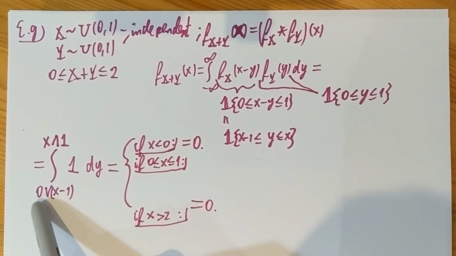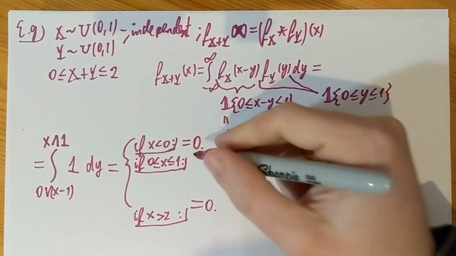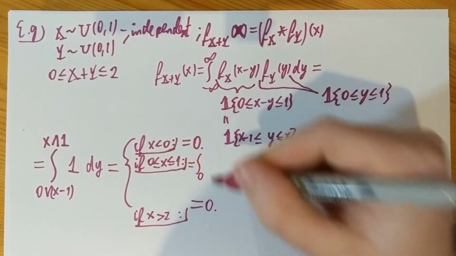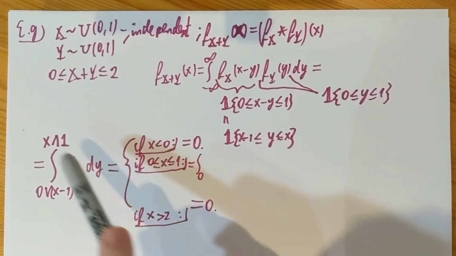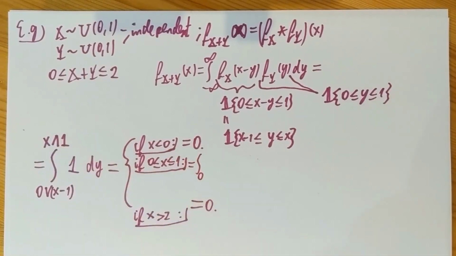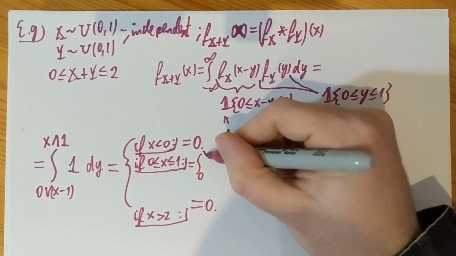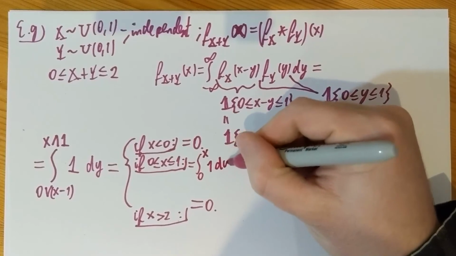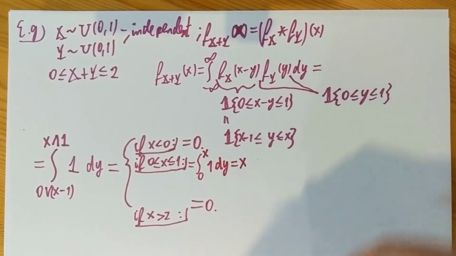So I am integrating from 0 in this case. And if x is smaller than 1, then I can only go up to x, because I have to take the smaller of the two. And of course, this gives me x.